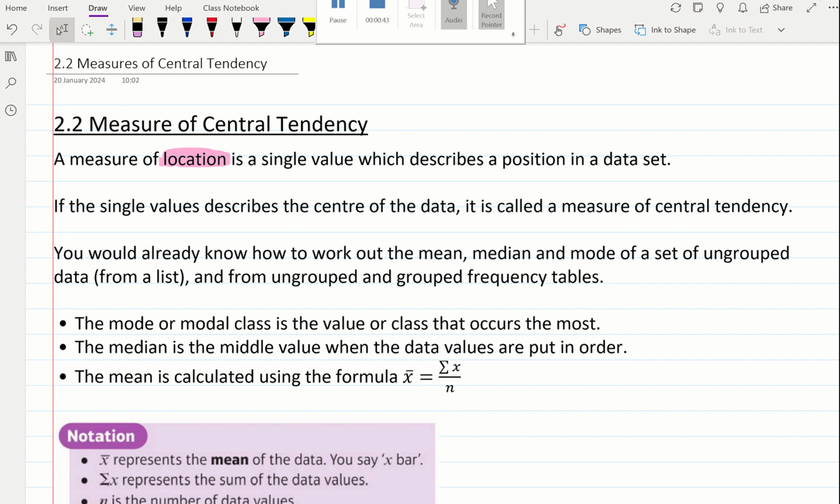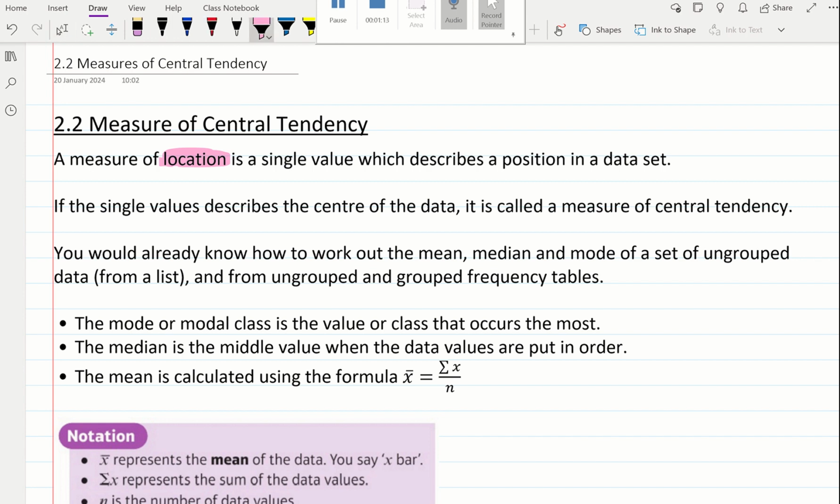You would already know how to work out the mean, the median, the mode of a set of ungrouped data, that's data from a list, and from ungrouped and grouped frequency tables. The mode or the modal class is the value or class that occurs the most often. The median is the middle value when the data values are put in order, and the mean is calculated by adding all the values together and dividing by n.